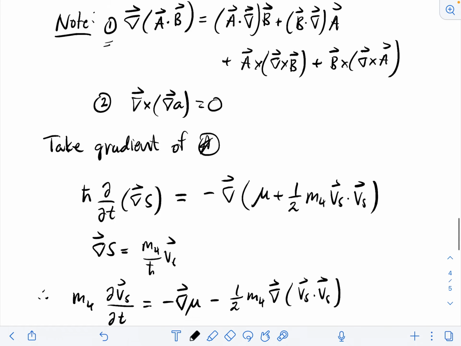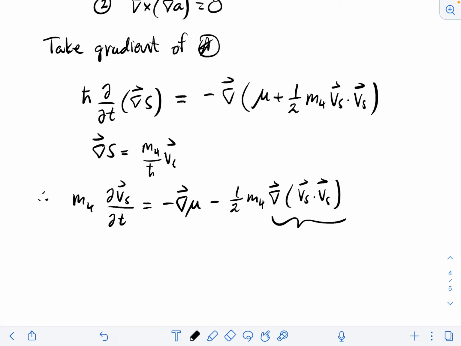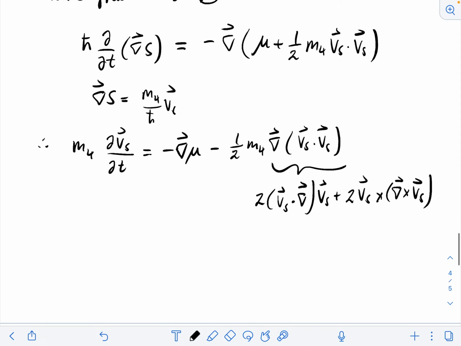And so this is equivalent to 2 vs dotted with del acting on vs plus 2 vs crossed with del cross vs. Okay, but del cross vs is equal to del cross, well, vs is what?